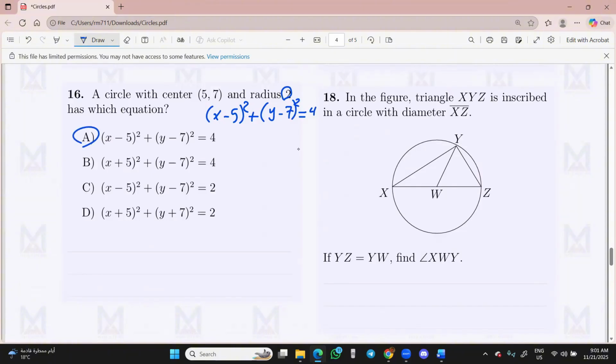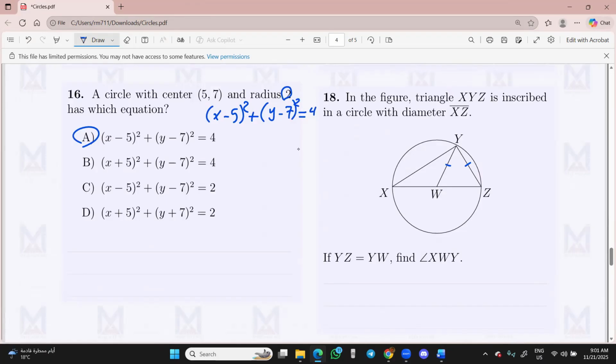Question 18. We have the circle and these two triangles drawn here. In the figure below, triangle XYZ is inscribed in a circle with diameter XZ. This is the diameter of the circle. If YZ is equal to YW, where is that? We can see here YZ, this side, is equal to YW.